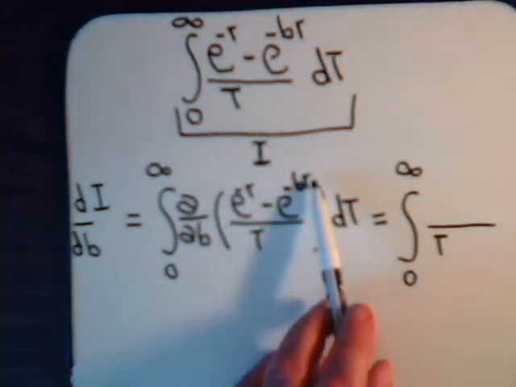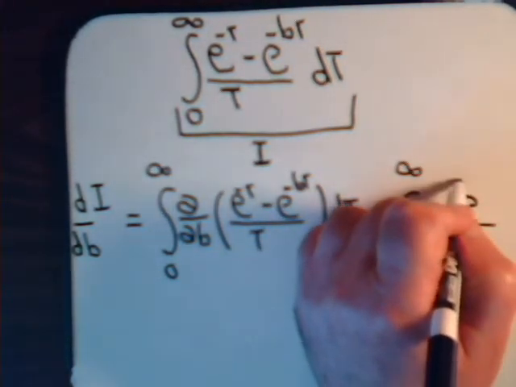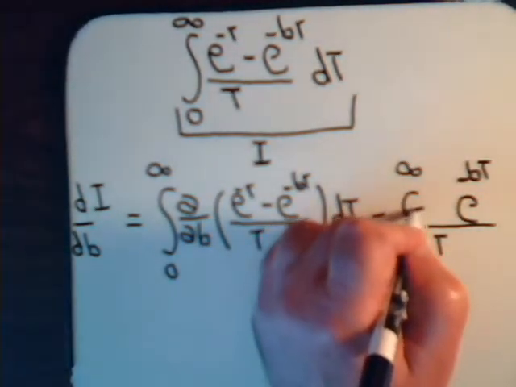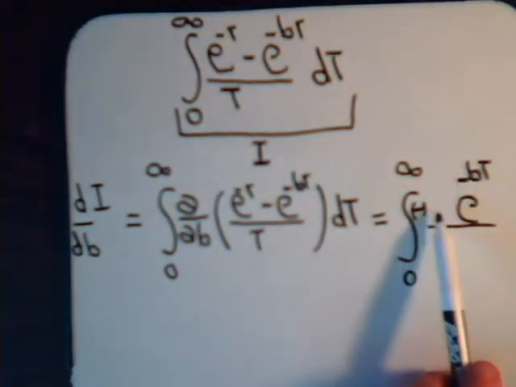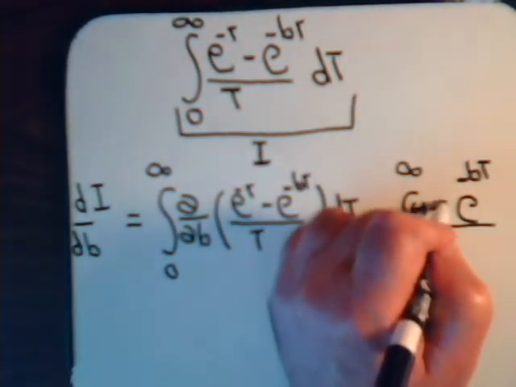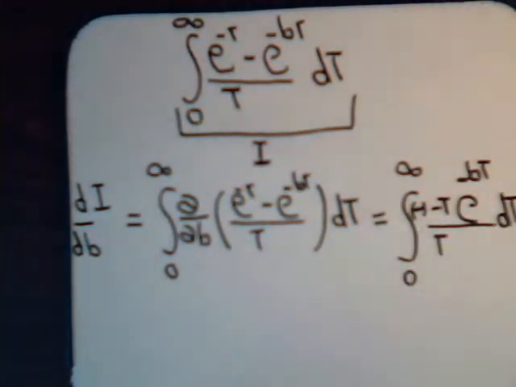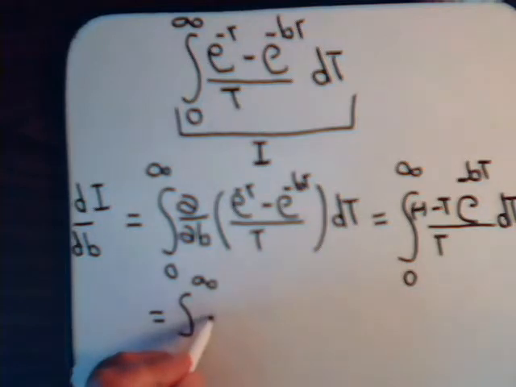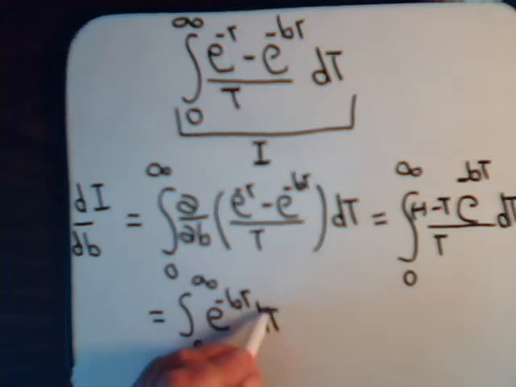The partial of the second term with respect to b will be e to the minus bt, with a minus sign here, and then minus t comes down here. dt. So this is simply going to be equal to the integral from 0 to infinity of e to the minus bt dt.